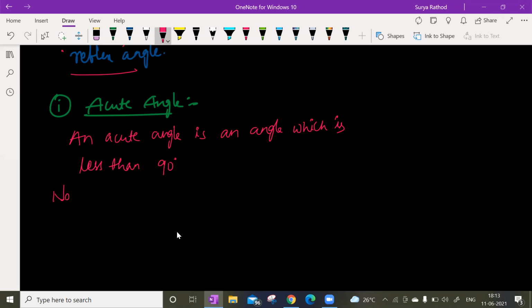Sir, there are complementary angles and supplementary angles. Yes, we will discuss, don't worry about it. Complementary, supplementary, adjacent angles, angle bisector, vertically opposite angles, intersecting lines, alternate interior angles, pairs of angles, and so on. We have so many things.